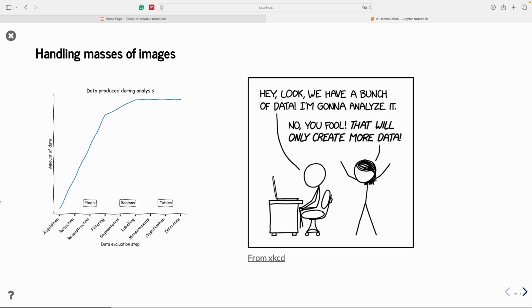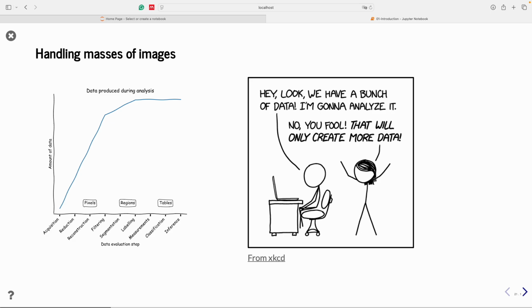So it linearly increases up to a certain point, and that is when you go from filtering to segmentation. Segmentation means that you go from maybe 16-bit or floating point data, which takes 2 or 4 bytes, to maybe just black and white. And with that, you have already a starting point in data reduction.